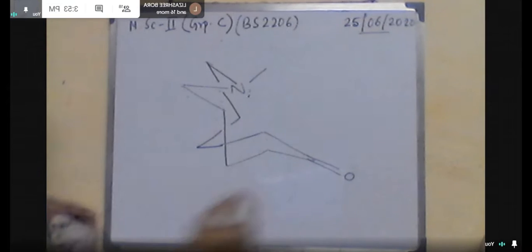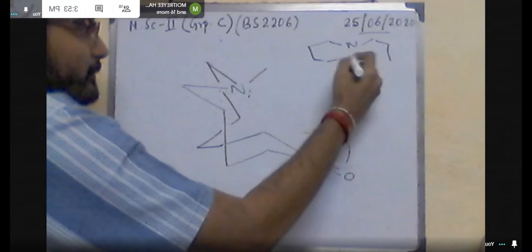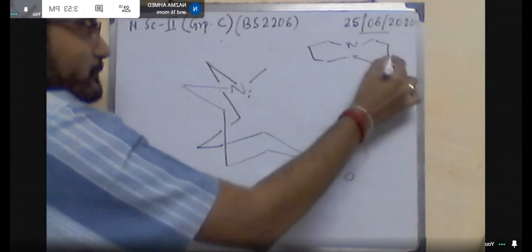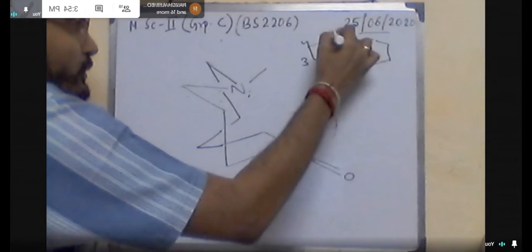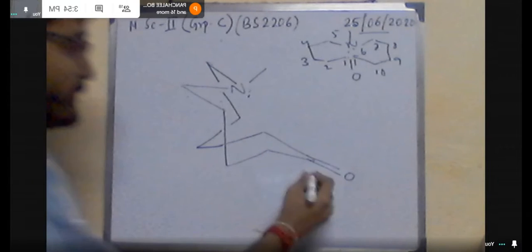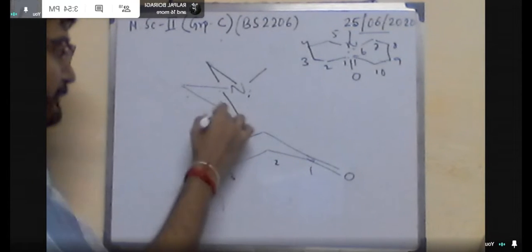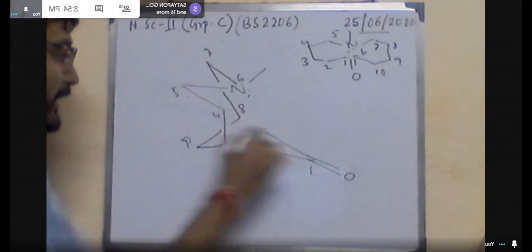In this case, you can see it is not attacked perpendicularly to this center. It is attacked at some trajectory angle, and this angle was found to be 107 degrees, and it is named the Bürgi-Dunitz angle. And it is true for any nucleophilic addition reaction.